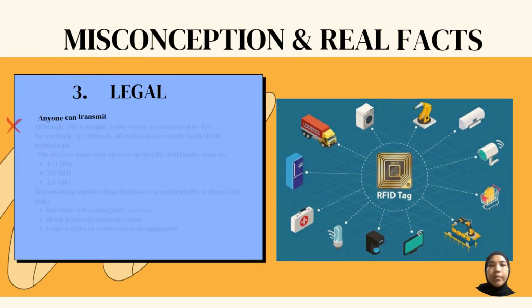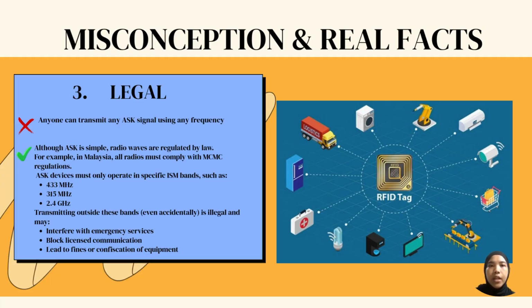The third is a legal misconception, like anyone can transmit any ASK signal using any frequency, like it's all free to use. To correct this understanding, radio waves are regulated by law. For example, in Malaysia, all radios must comply with MCMC regulation. ASK devices must only operate in specific ISM bands such as 433 MHz, 315 MHz, and 2.4 GHz.